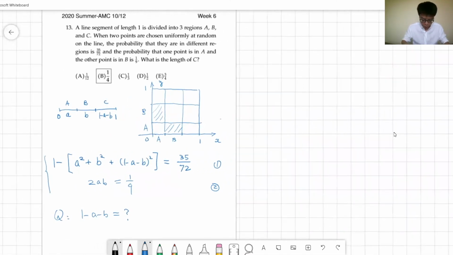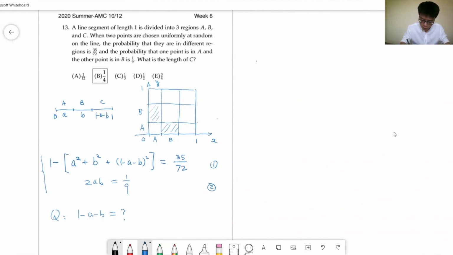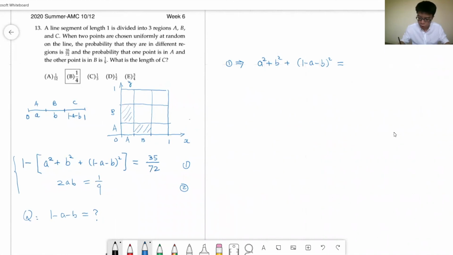Okay. So we transfer the probability into this algebra problem. All right, from the first equation, we know that a squared plus b squared plus (1 minus a minus b) squared equals 1 minus 35/72. So this is 37/72. And I'd like to add twice ab. So I want to complete the square for ab. So let me add 2ab here.